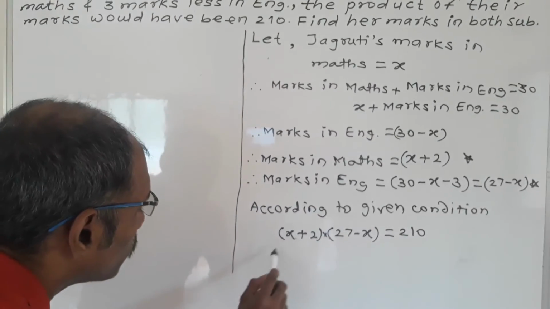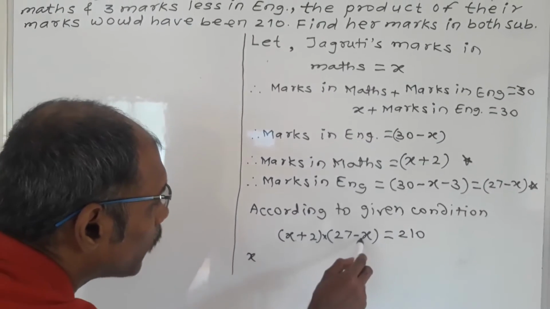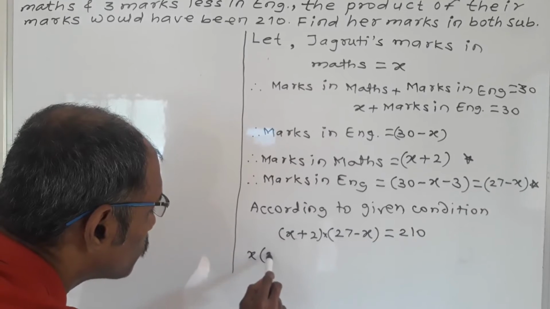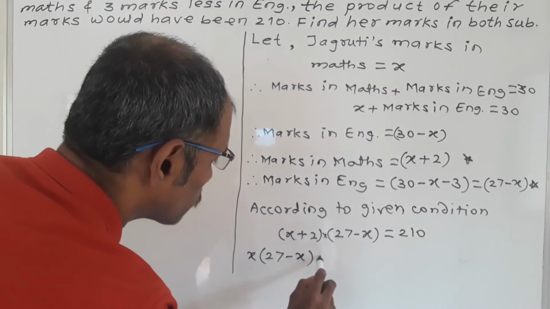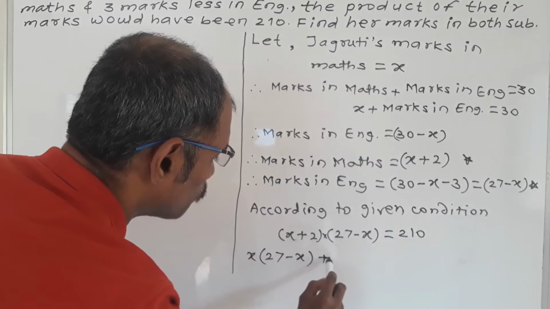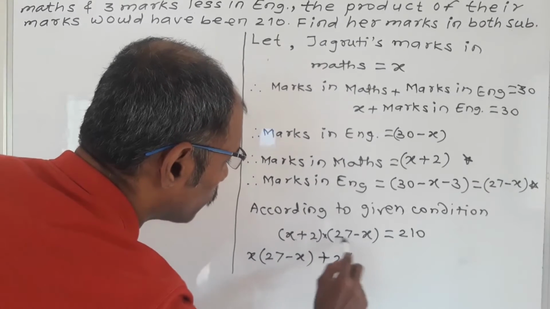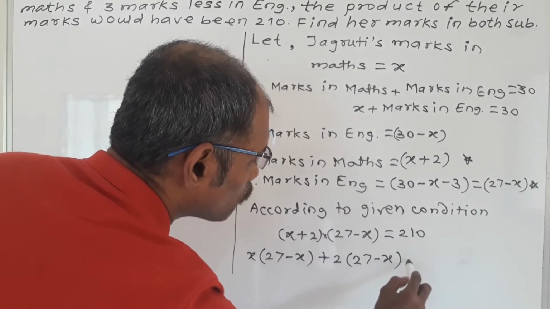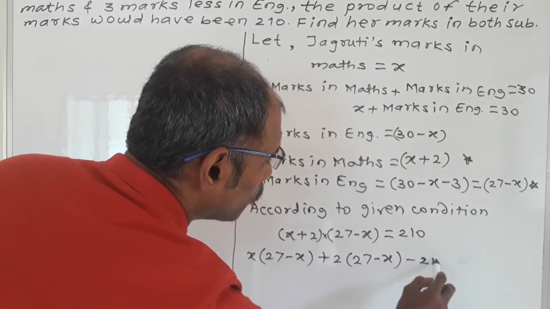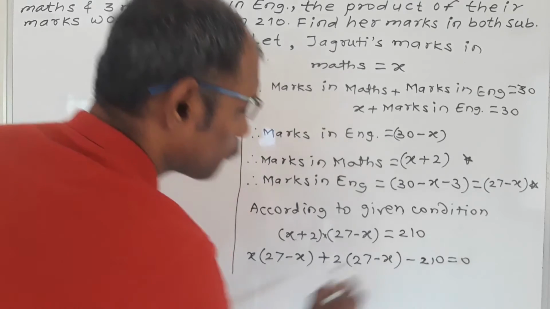Now we multiply here this bracket by this x, means x into 27 minus x plus this 2 we take here and multiply to this same bracket again, and we take this 210 to the left side, becomes minus.